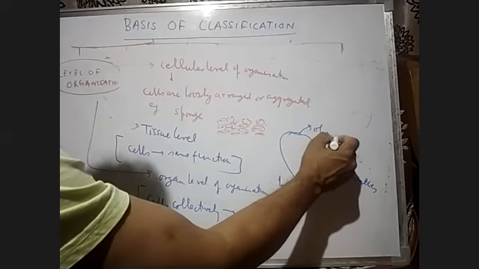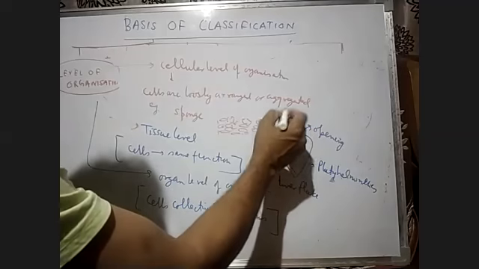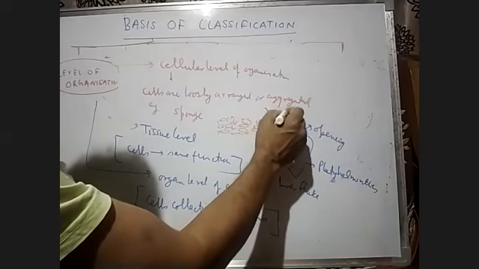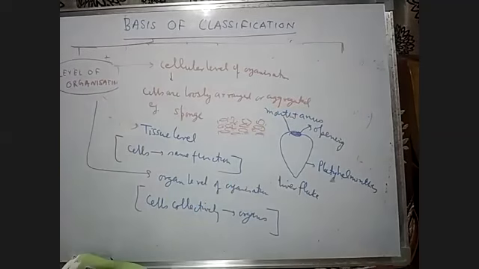This opening will perform the function of the mouth and also the function of the anus. So there is this pattern of complexity in the platyhelminths. We can say that. It's called a liver fluke.